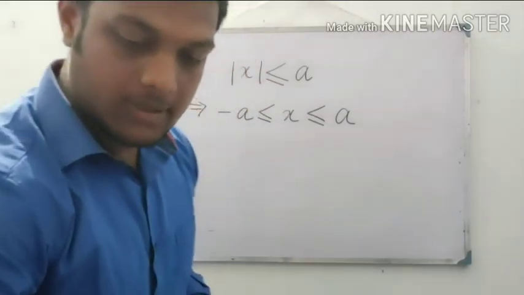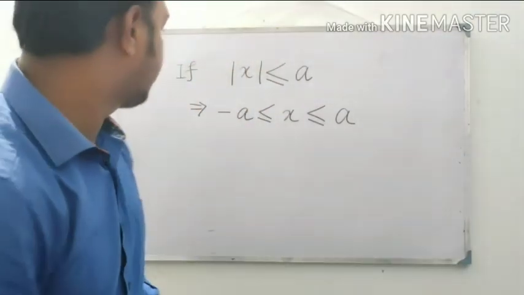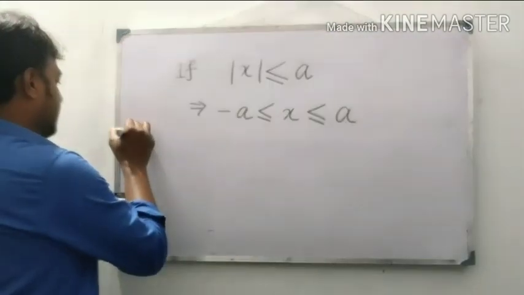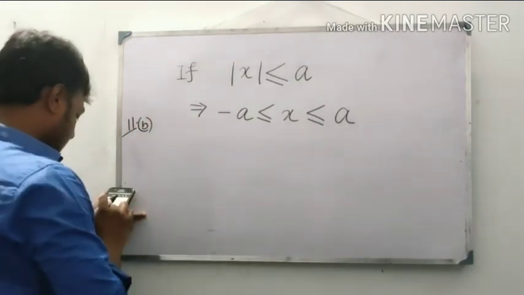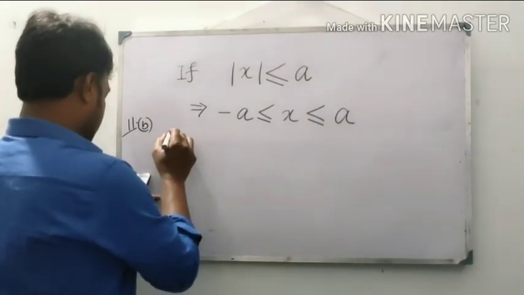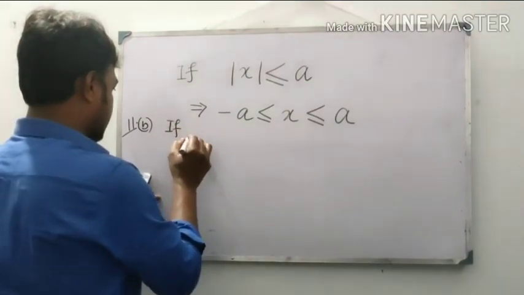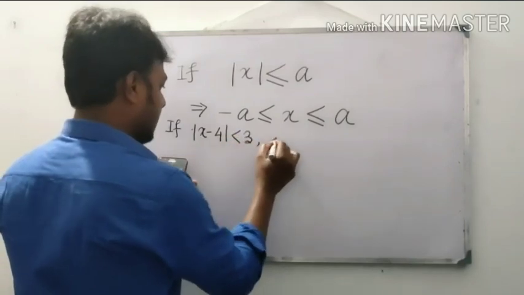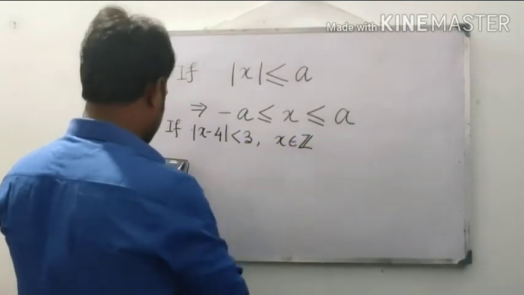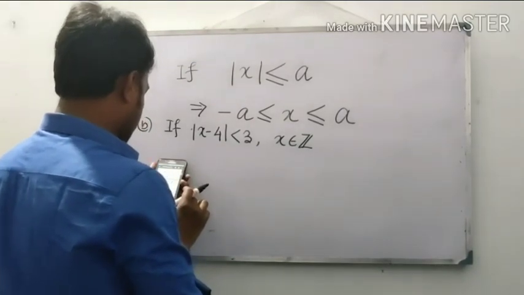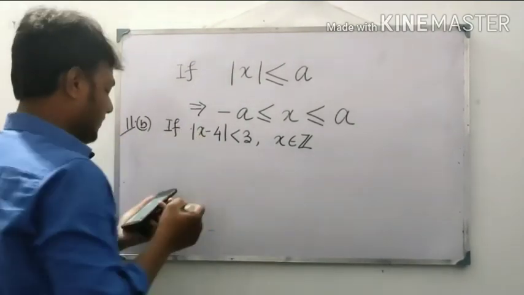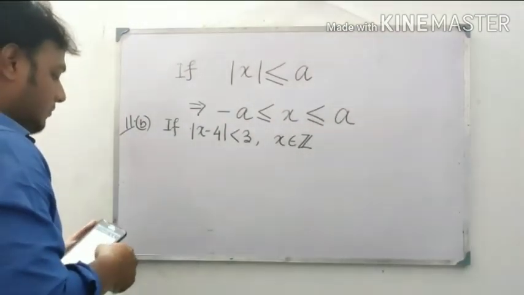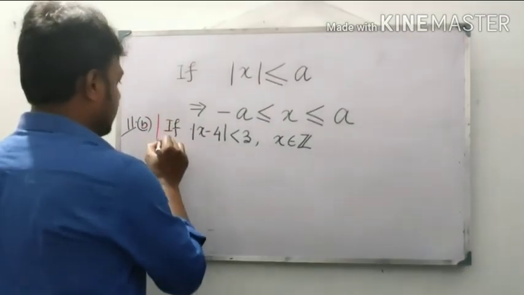It is given: if mod of x minus 4 less than 3, x belongs to R. You have to find the solution. This is the question.